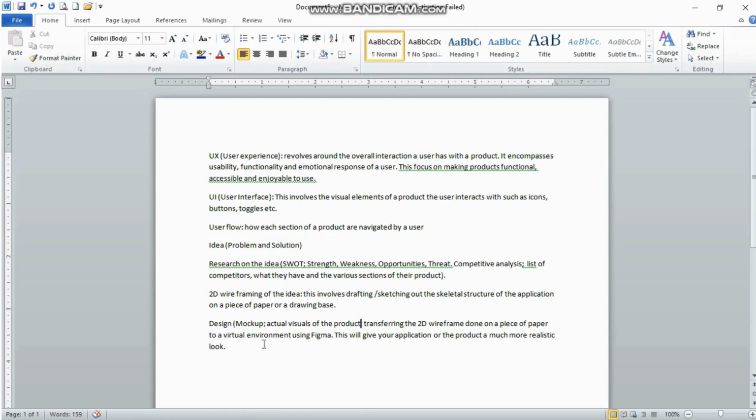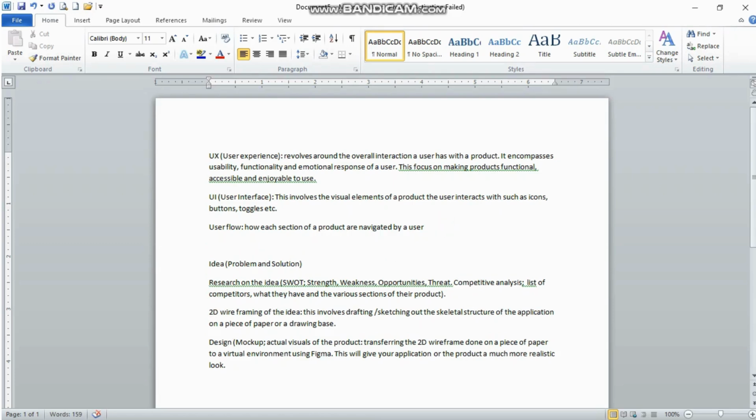Now you understand what UX is, what UI is, what user flow is, and that there are stages involved in the design process. We have the idea stage, which involves searching for the problem and providing solutions.